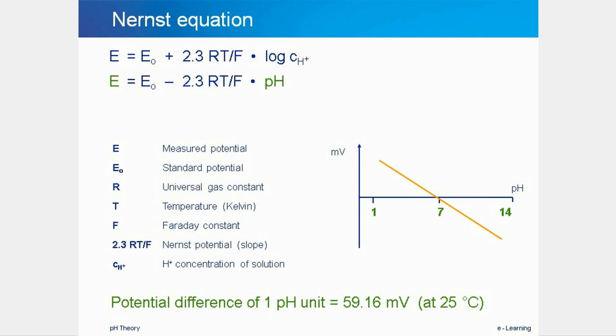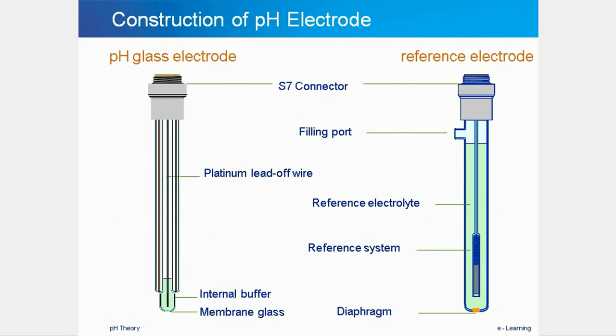This well-defined relationship between potential and pH and the sensitivity of the pH electrode membrane to hydrogen ions then enables us to measure the pH value of a solution and calculate the concentration of acid or base present in this sample. The measurement and reference electrodes are both constructed in a different way.